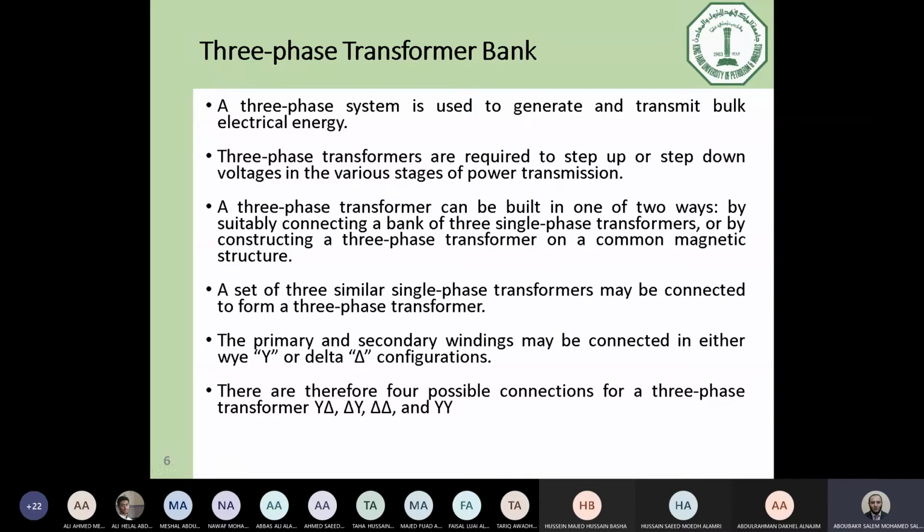We discussed before that at the generation stage, most generators operate at a rated voltage around 10 kilovolt to 20 kilovolt, for instance. So this voltage cannot be transmitted through long distances. We discussed this in the first class of transformer because of the problems of power loss and long distance. The voltage drop and power loss on the transmission will dissipate all of the transmission energy.